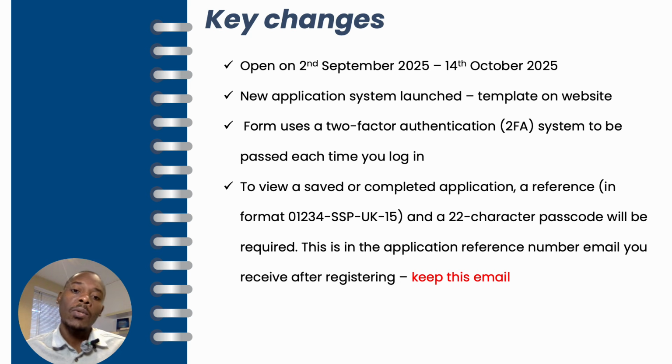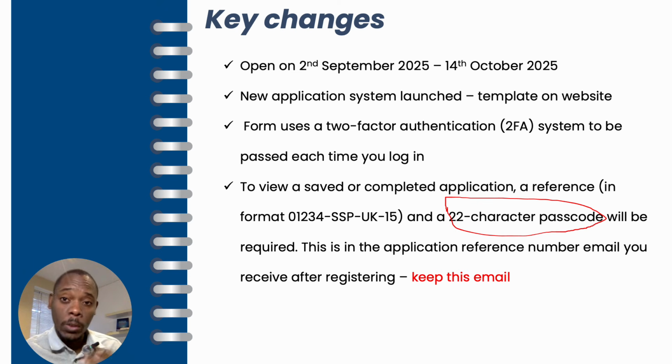And this also comes with the new application system, also comes with a new password that is going to be given to you. This is a 22-character password, so you need to keep that email so that you'll be able to refer to it every time you want to log in.